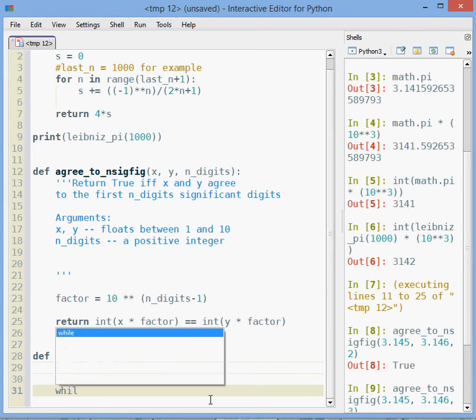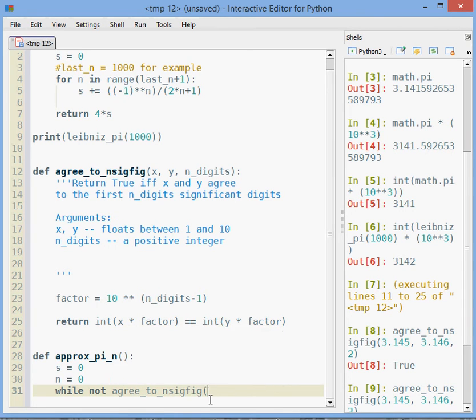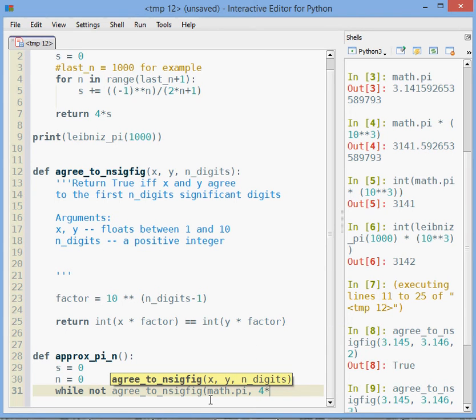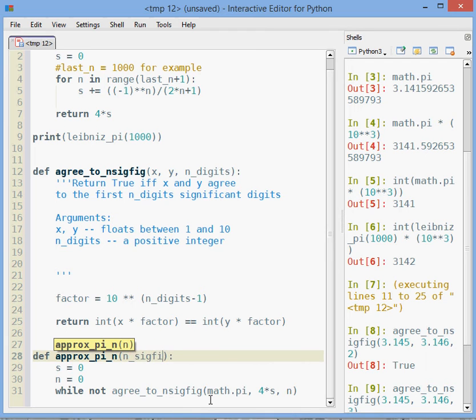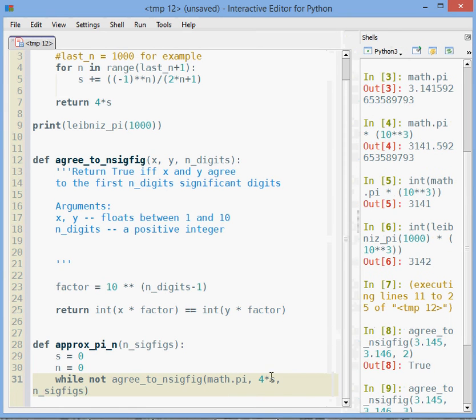And then we say, so while there is not an agreement between math.pi and 4 times s to n significant figures, so while there is not an agreement like that, we need to keep adding terms to s.